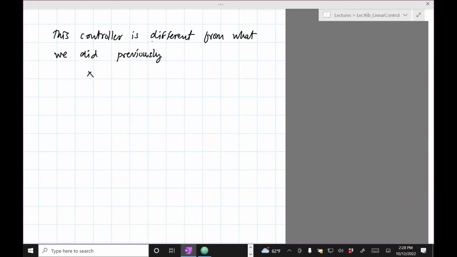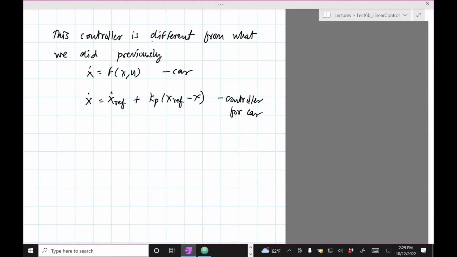Well, we wrote down the equation of a car, and then we said the controller is x dot equals x dot ref plus kp times x ref minus x. Controller for car. And if you remember, this is actually the same as feedback linearization. This is exactly what we did for the double pendulum.